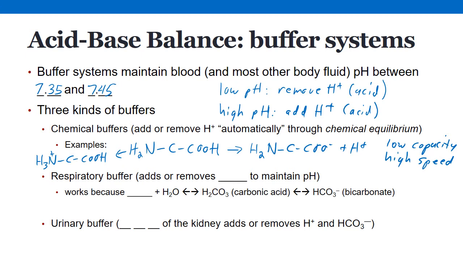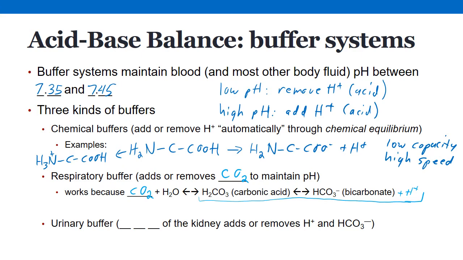There's also a respiratory buffer, okay? This takes that basic carbonic acid bicarbonate plus H plus buffer that we have in our blood, and it adds or removes CO2 from that equation.